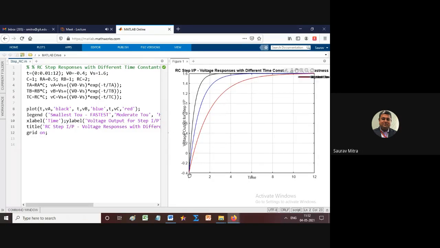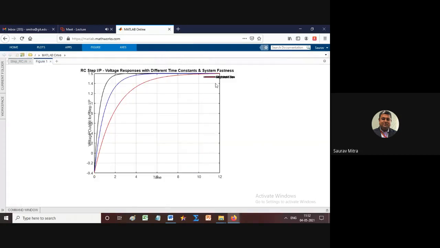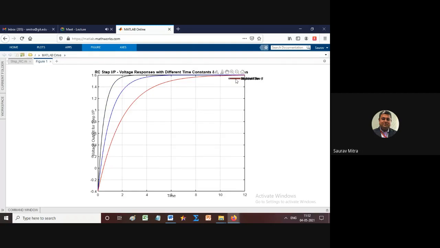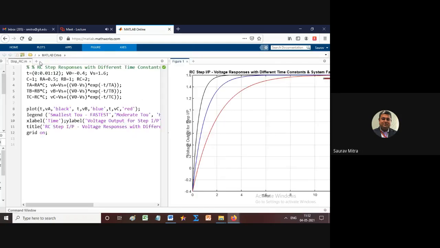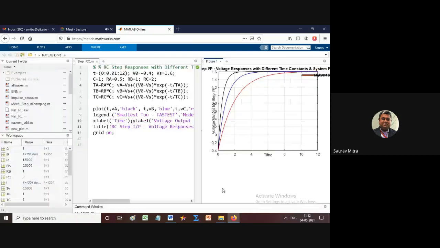Here you can see it is starting from minus 0.4 and going up to 1.6. The legend should also come here clearly, but as it is online, it is not coming, so you don't have to worry about that. The main thing you have to check is that there are three waveforms, and all the waveforms start from minus 0.4 and go up to 1.6.